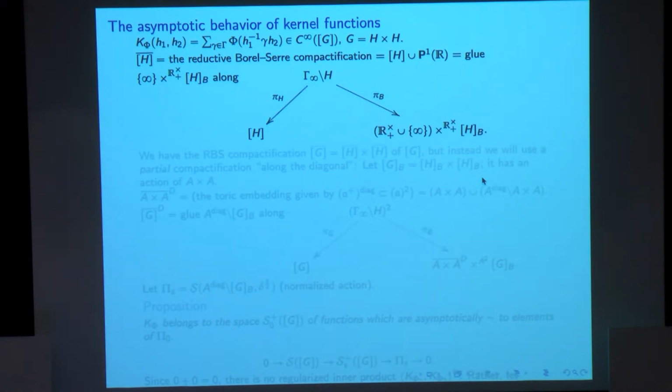So let me start first with a compactification of H, the reductive Borel-Serre compactification. This is when you glue a P1 of R to H. And let me be a little bit pedantic about how you do that.